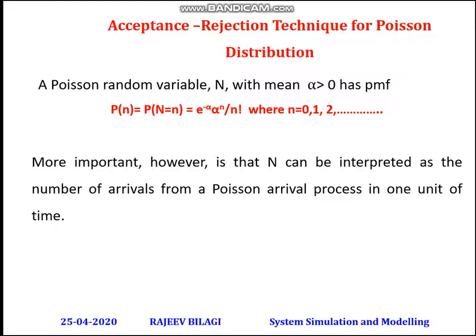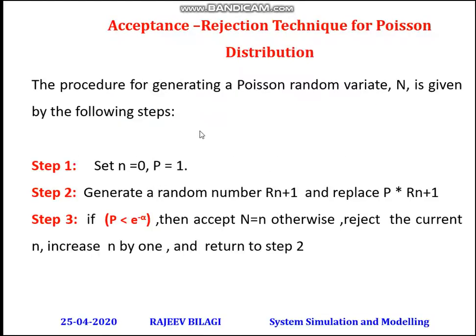Now with this, we follow certain steps. Step 1 is always to set n equal to 0 and p equal to 1. Then generate a random number r of n plus 1. Either it will be given in the problem or you need to generate it using the congruential method. Replace the old p by p times r of n plus 1.